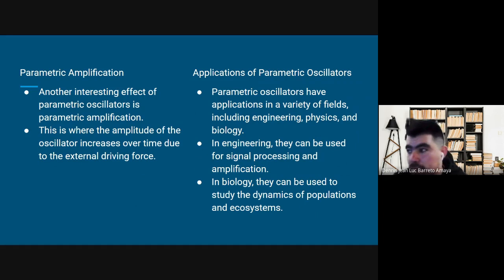Applications. Parametric oscillations have applications in a variety of fields, including engineering, physics, and biology. In engineering, they can be used for signal processing and amplification, and in biology they can be used to study the dynamics of population and ecosystem.